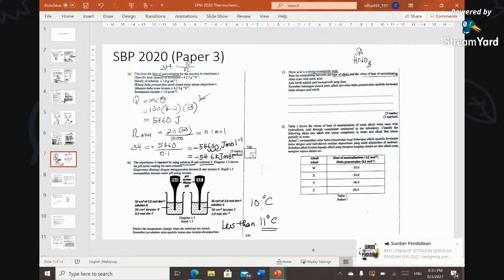between the type of alkali. You have two different types of alkali, strong alkali and weak alkali. So this is what you form the relationship with.